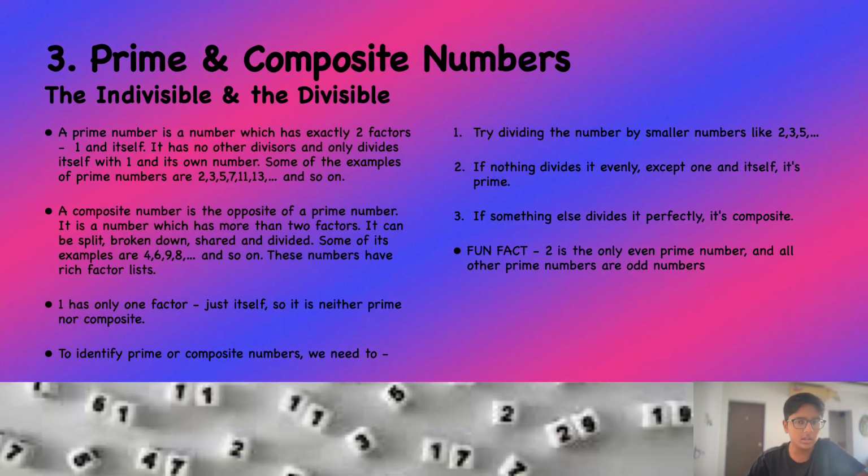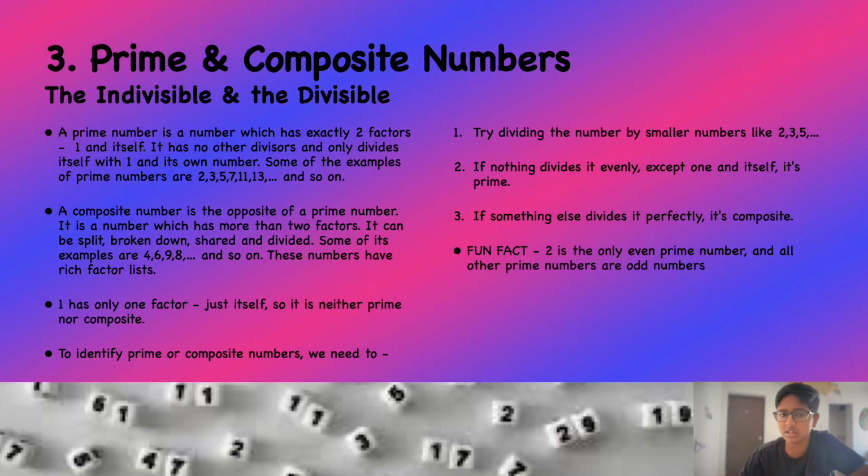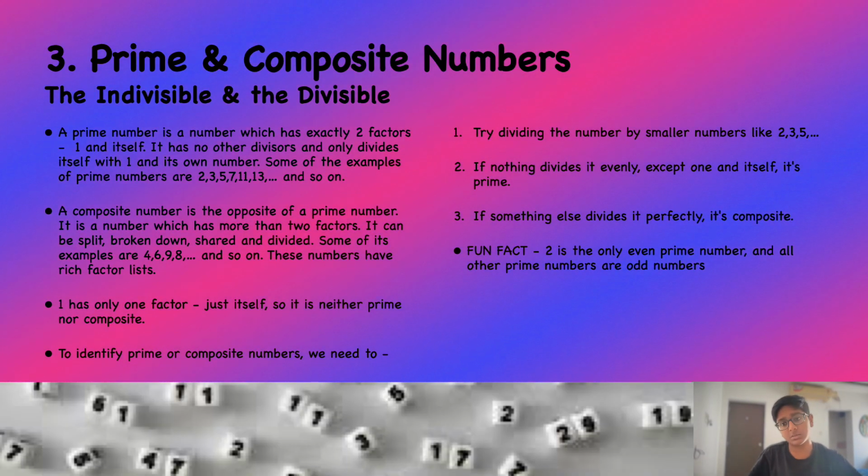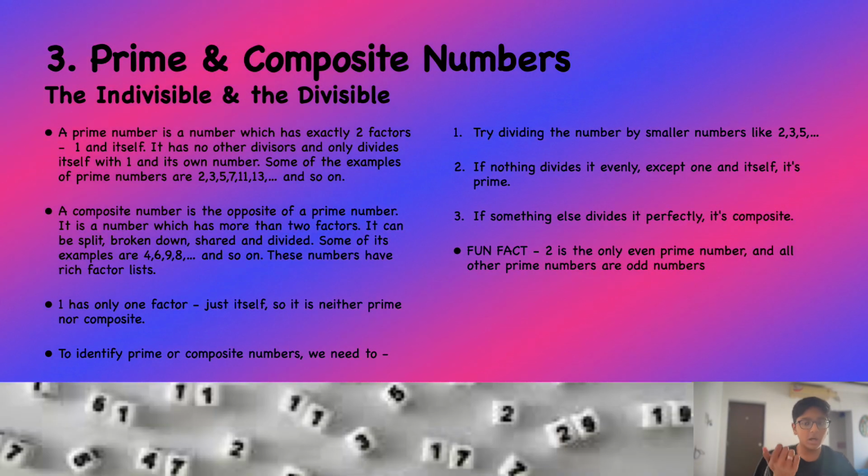Suppose we take 13. 13 can be divided by 13, and 13 can be divided by 1. So 13 is a prime number. And a composite number is the opposite. It is a number which has more than two factors. Suppose we take 12. 12 can be divided by 1, 2, 3, 4, 6, and 12. When it has this many factors, it's not a prime number, it's a composite number.